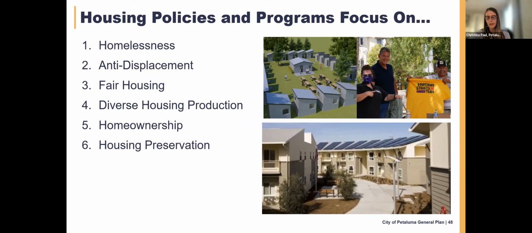How can we provide opportunities to buy homes at a range of prices? And then housing preservation. How do we make sure that we keep great housing or functional housing, and particularly affordable housing in existence rather than taking it out?